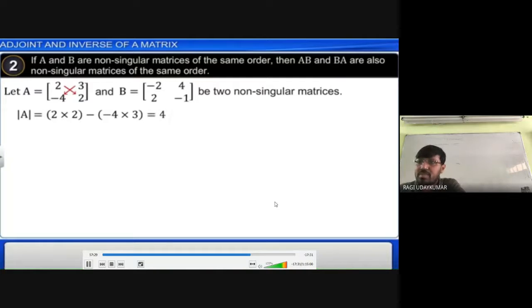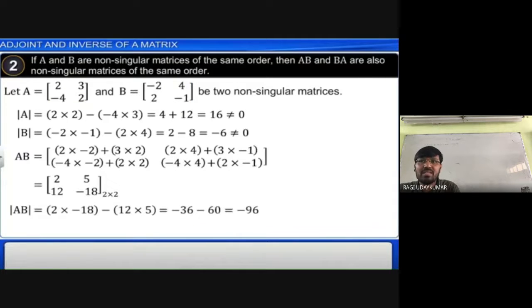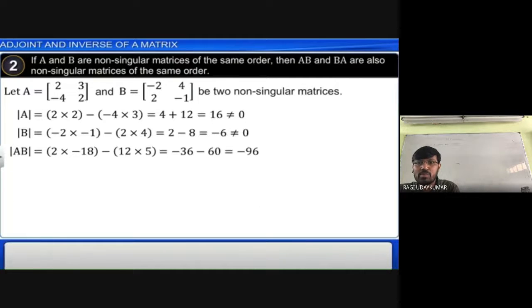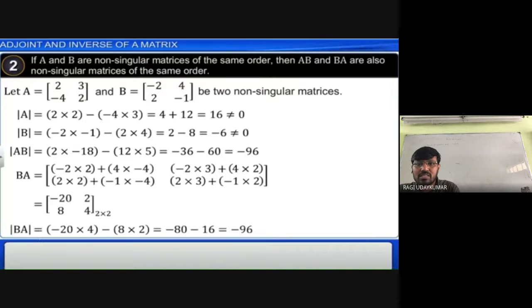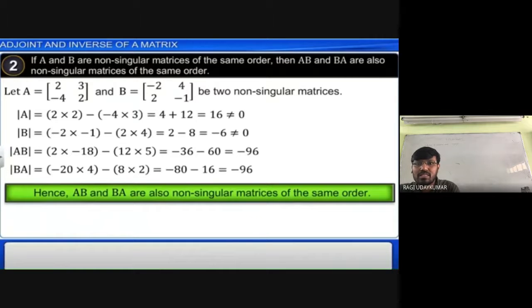See the determinant of this matrix: determinant of A is not 0, determinant of B is not 0, and whenever you find the determinant of AB, it is also not equal to 0. Even for BA, whenever you take it into consideration, the determinant is minus 96 only. So the determinant is also not equal to 0.